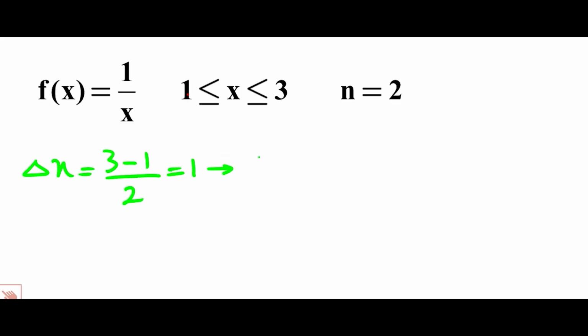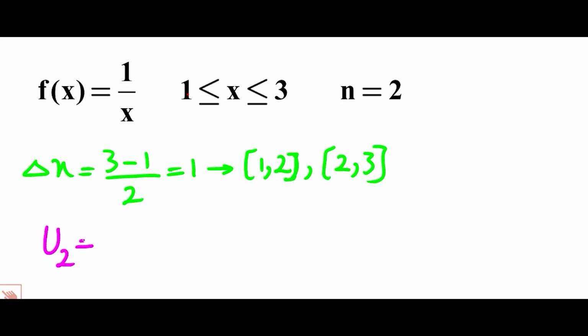So the partition points are 1 to 2 and 2 and 3. So upper sum U2, use left endpoints, means 1 and 2, means f of 1 plus f of 2 times delta x.